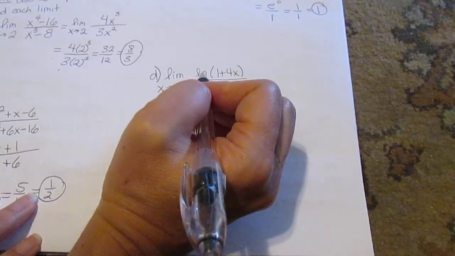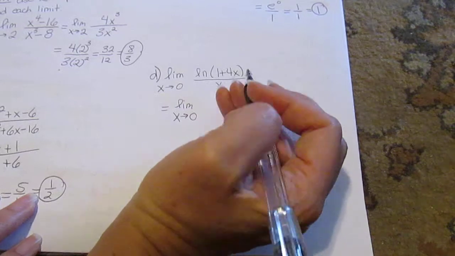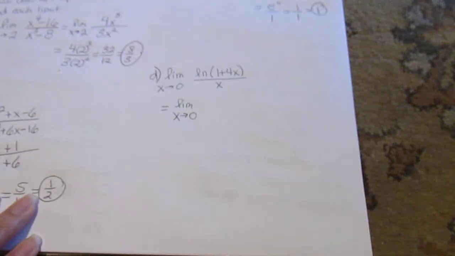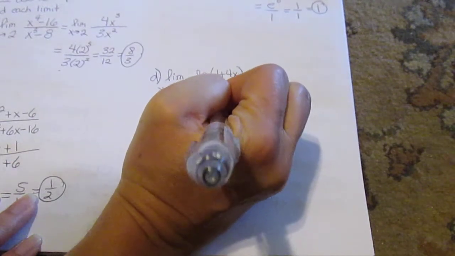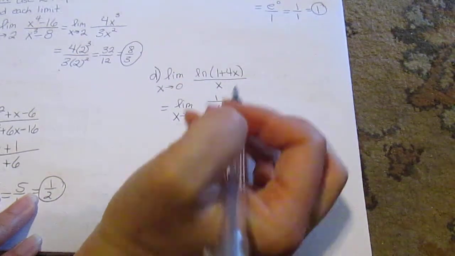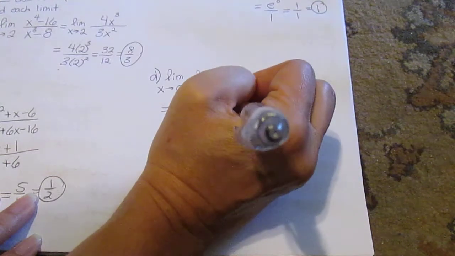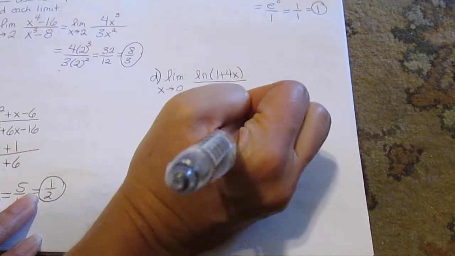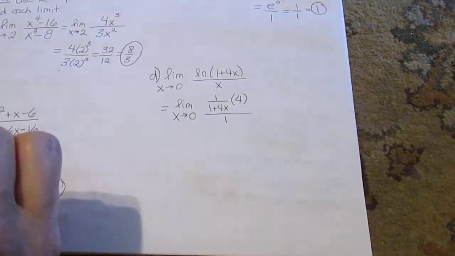The outside function is the natural log of whatever you've got right here. Remember, the derivative of ln x is 1 over x. So it's going to be 1 over 1 plus 4x times the derivative of the inside function. The derivative of the inside function is 4. All over the derivative of the bottom, which is 1.